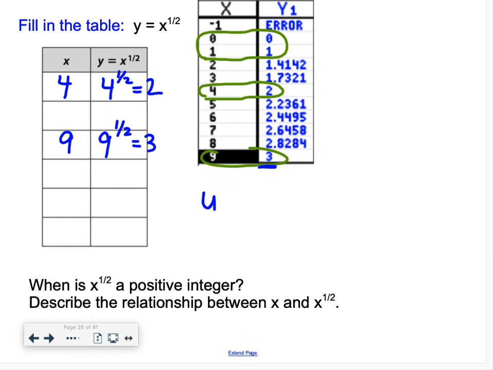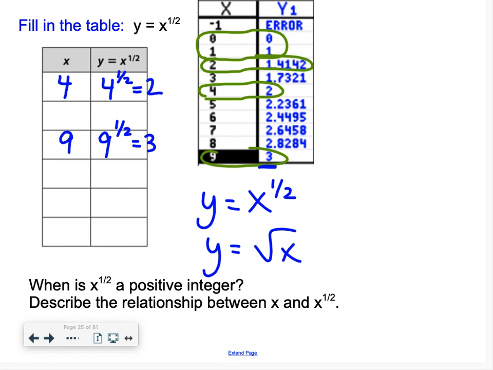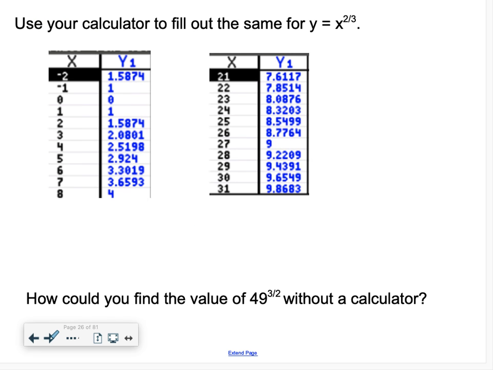So is that saying that x to the 1/2 is equivalent to the square root of x? I do believe it is. Look at the rest of the numbers. Maybe you're familiar with the square root of 2 is 1.41, and yes, it is. 2 to the 1/2, same thing as the square root of 2. Okay, so keep that in the back of your mind.